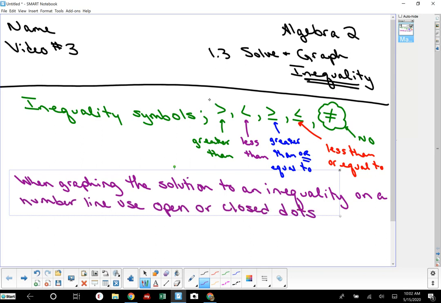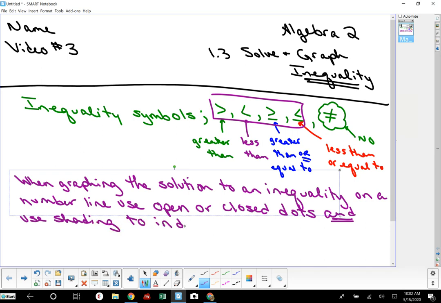And those dots correlate with these symbols up here. So we'll talk about those in a second. And you're going to use shading to indicate the solution set, right? It's not just x equals one thing. It's x is greater than 5, which means every single number bigger than 5, 5.1, 5.2, 6, 100,000, and 52.7, they all are solutions.